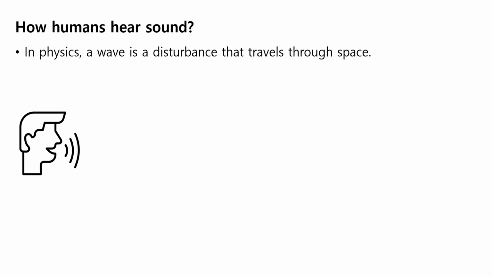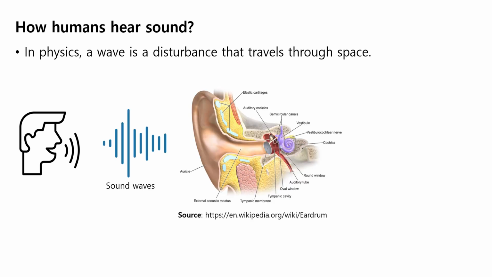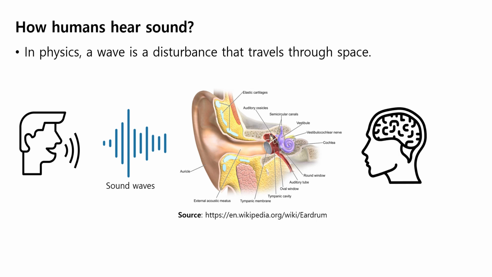If a human speaks, the voice generates sound waves traveling through the air, and when these waves hit the eardrum, it generates vibrations, and these vibrations pass through the cochlea, which transforms these vibrations into electrical signals, and these electrical signals are sent to the human brain, and the human interprets these electrical signals.